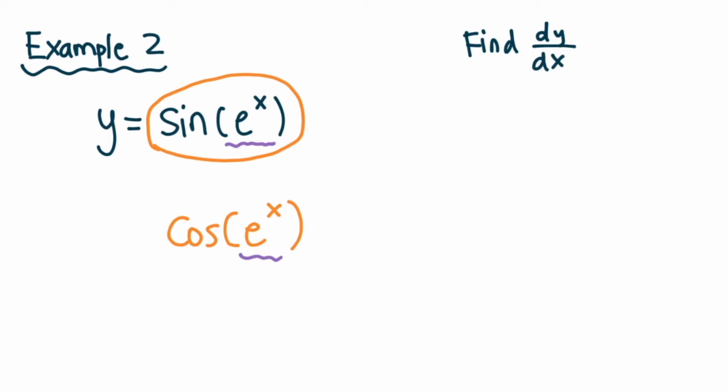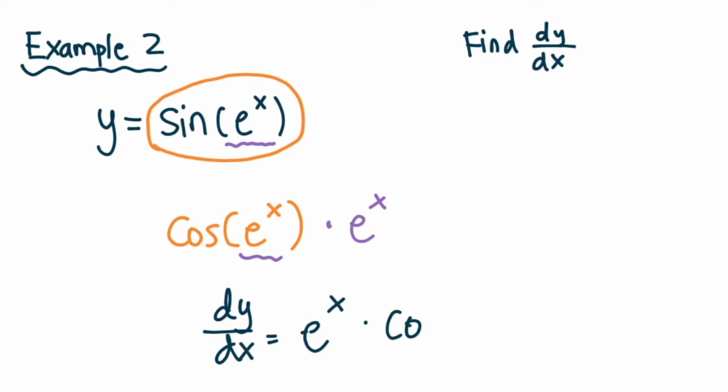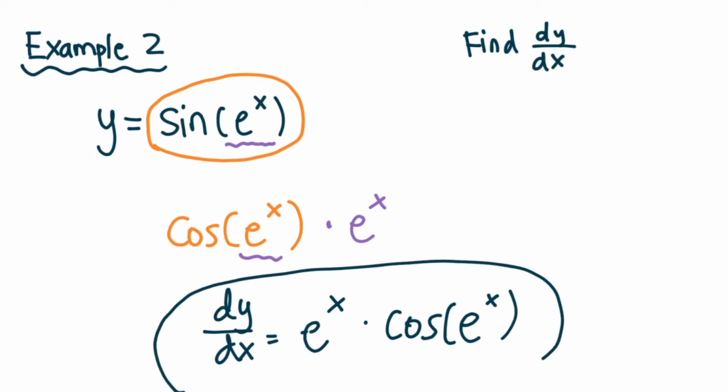The derivative of e to the x, as we always know, is the exact same thing. So multiply that by e to the x, right? So here we have dy over dx is just e to the x times cosine e to the x. That's our final answer. First, we take the derivative of the outside function, leaving the inside completely alone. Then we take the derivative of the inside function and multiply it on.